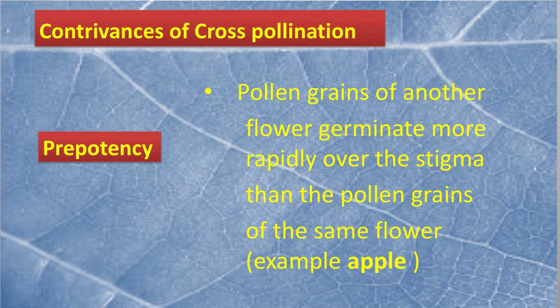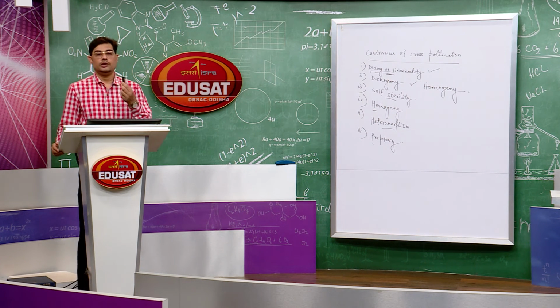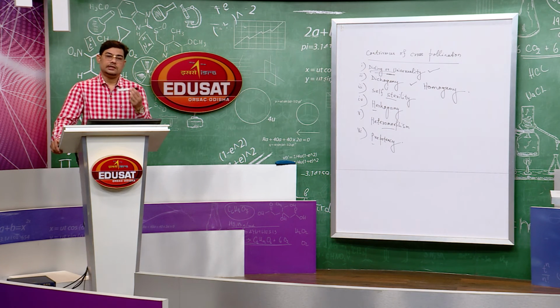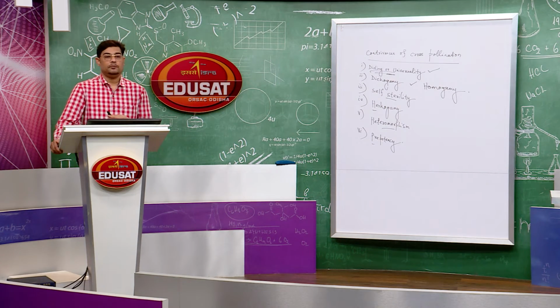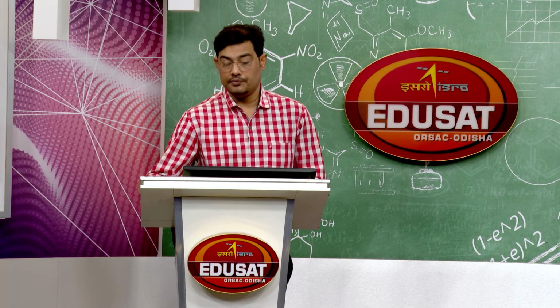Suppose this is a stigma, and pollen grains from same individual and pollen grains of other individual fall on the stigma, then the other one grows more rapidly than its own pollen grain, thus enhancing the chance of cross pollination, which is seen in case of apple. So, in apple the self incompatibility is because of this prepotency. So, these are the contrivances of cross pollination.